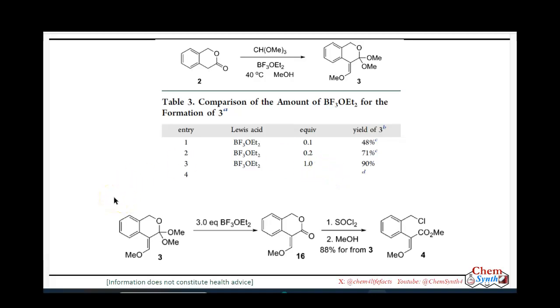Next they converted intermediate 3 into intermediate 4 in this sequence. Since they had already used BF3·OEt2 with intermediate 3, they simply distilled out the BF3·OEt2 and got intermediate 16.